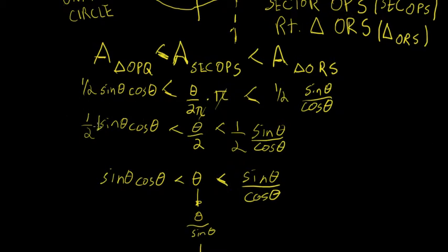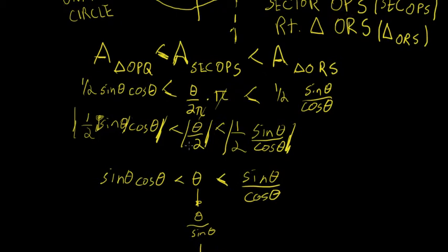The original expressions were for theta being greater than 0, but if we allow theta to also be negative, then these areas are equal to the absolute values of these things.